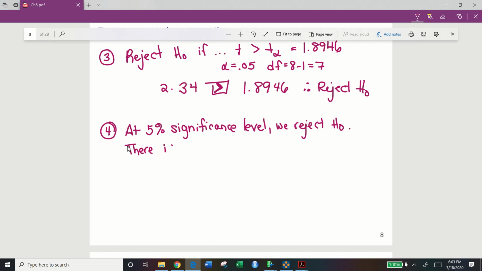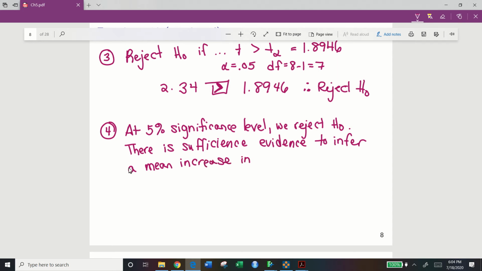There is sufficient evidence to infer a mean increase in the number of surviving fish.